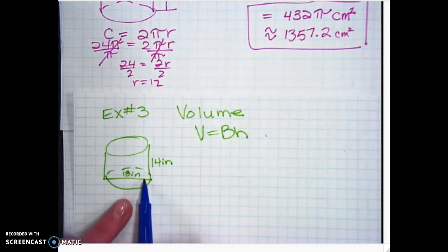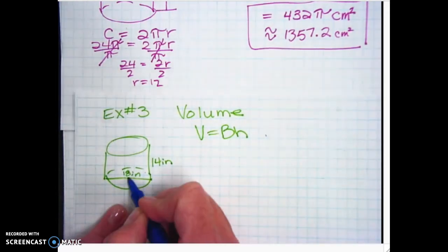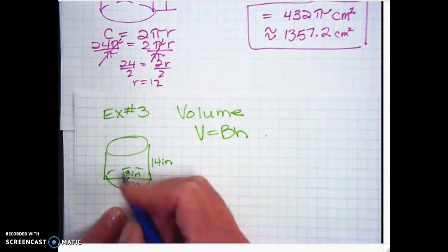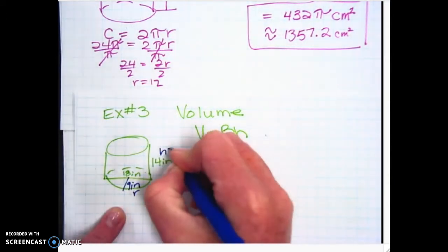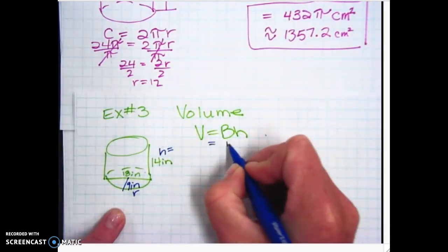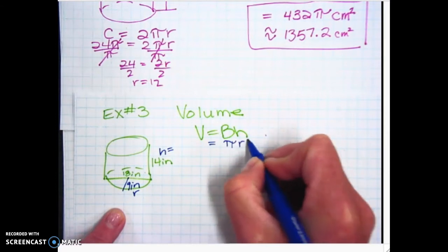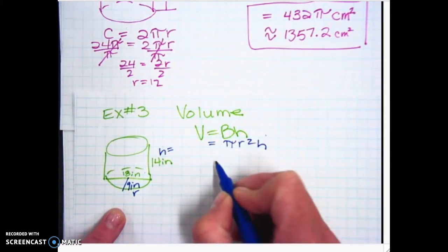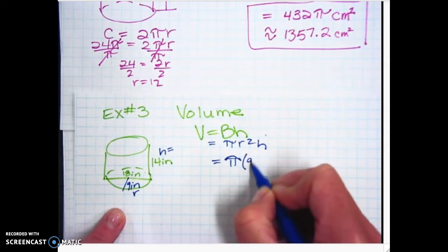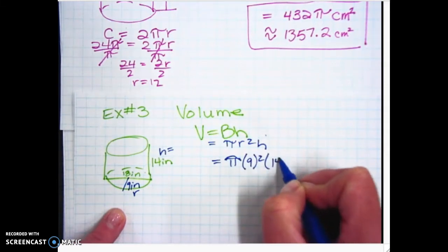So if the diameter is 18 inches, what's the radius? 9. Okay, that's going to be your r. The height is over on the side here. It's 14 inches. So we're going to plug that in for the pi r squared h formula. So pi times 9 squared times 14.